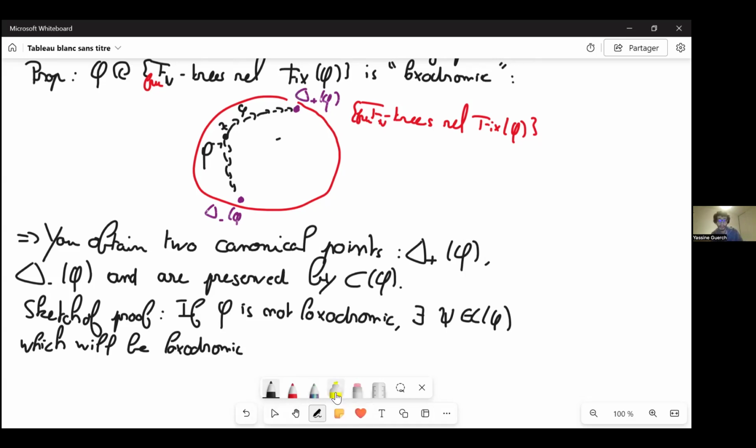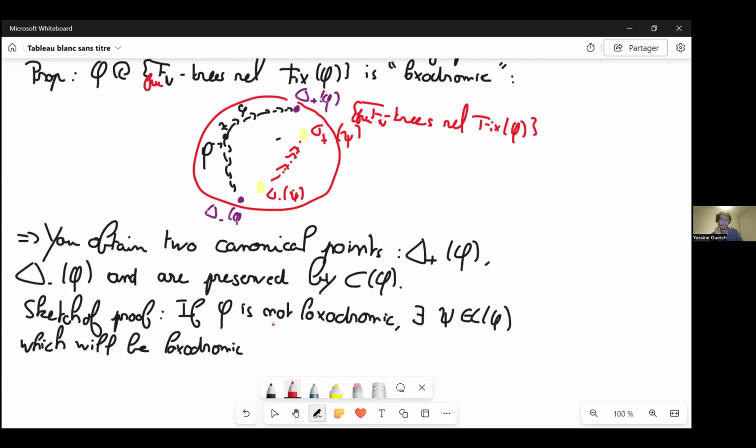So it will also have delta plus of psi and delta minus of psi. And psi will also have these dynamics where every point is attracted to delta plus of psi.